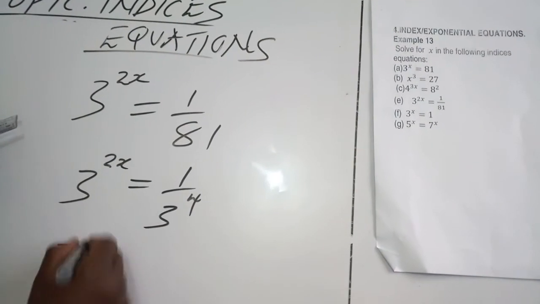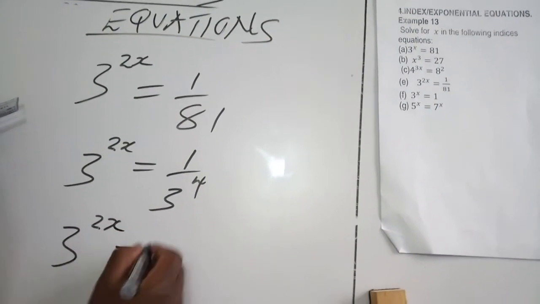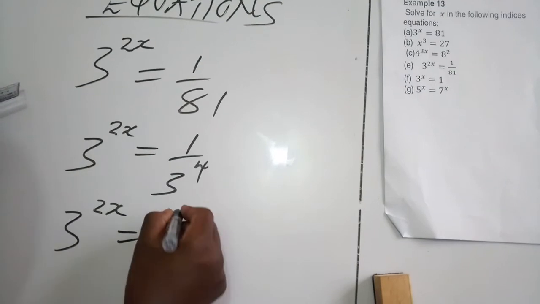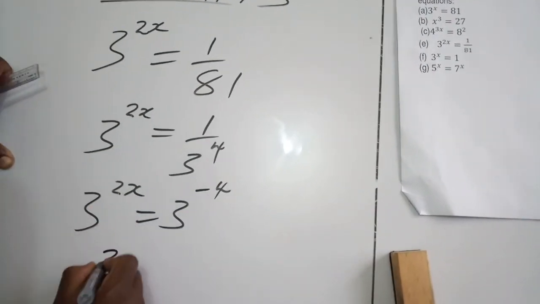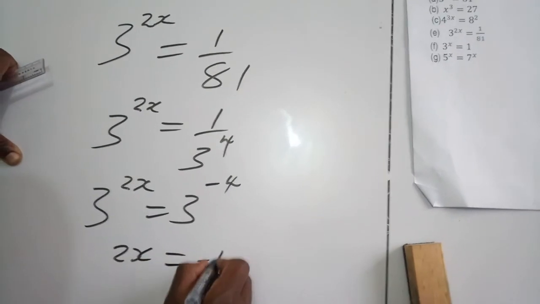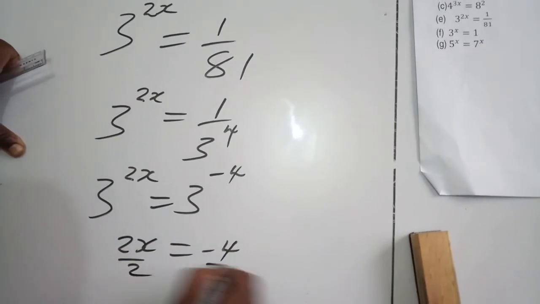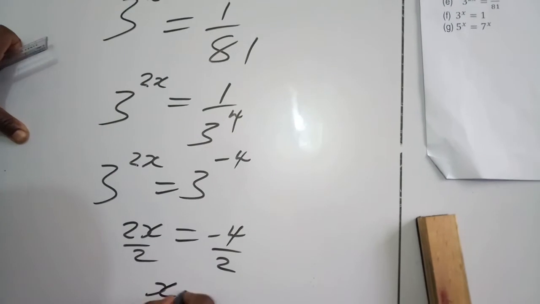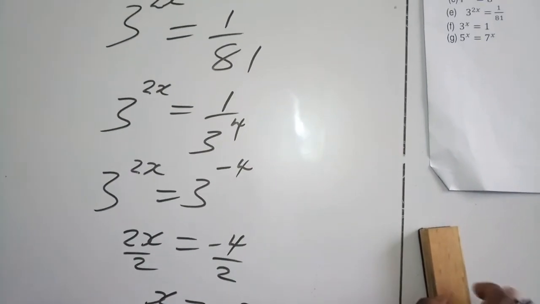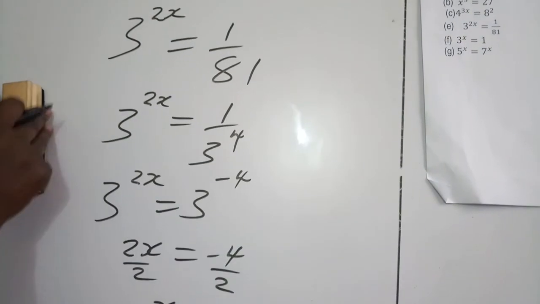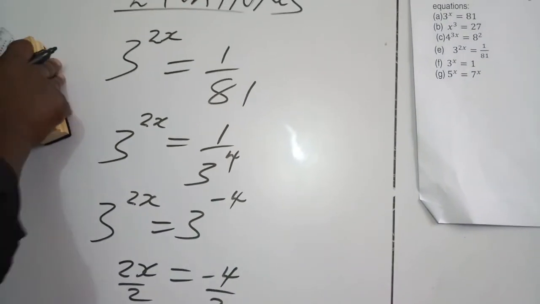Then I will apply the negative index law. This will be the same as 3 power negative 4. Having similar bases, I equate the powers. Then by 2 by 2, x will be equal to negative 2.